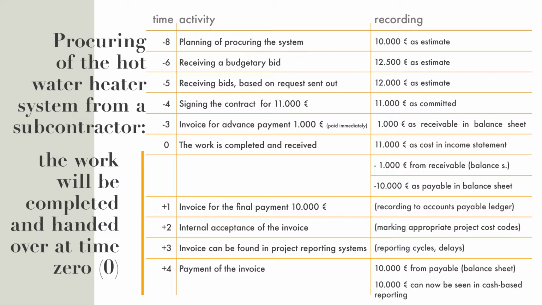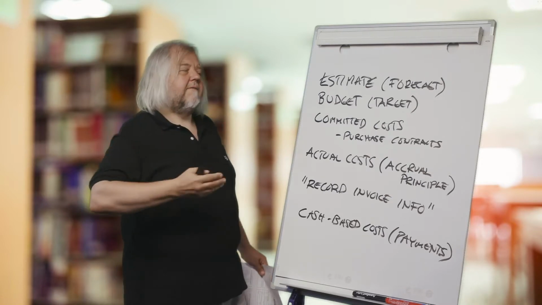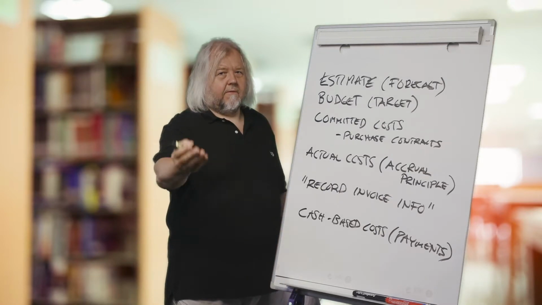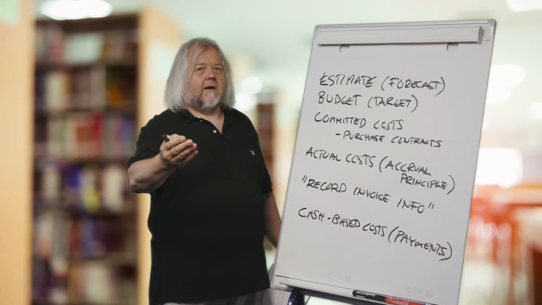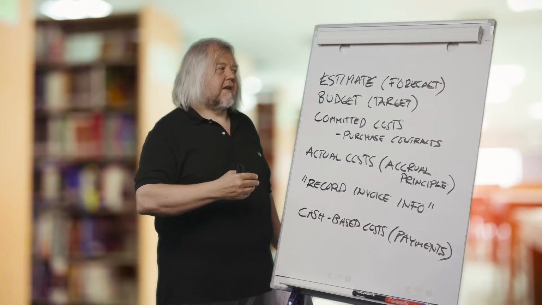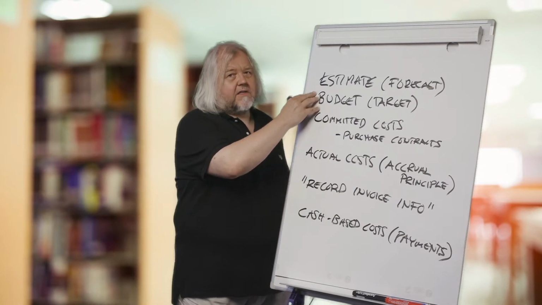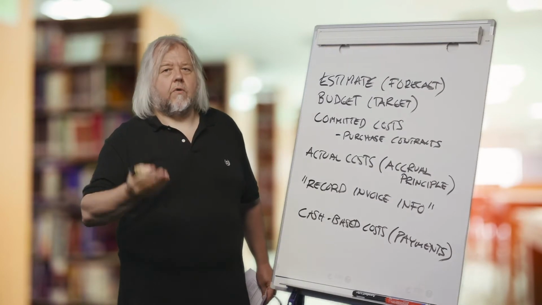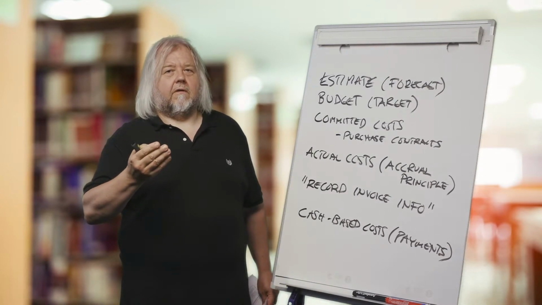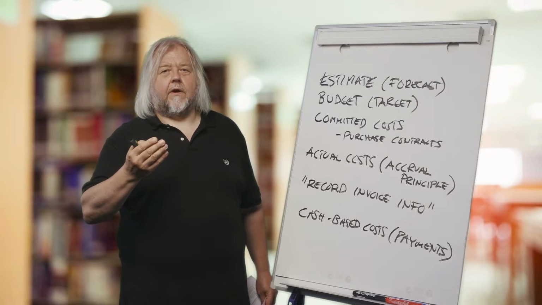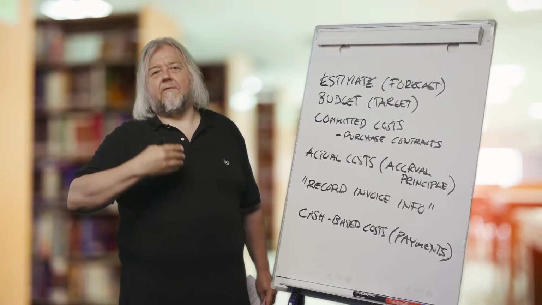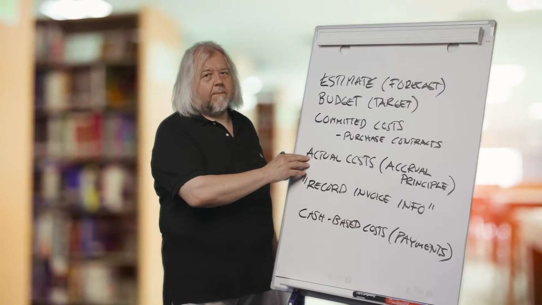So this example is just to show that when we are looking towards the future in the very beginning of the project, and we are recording estimates, we can know the costs rather fairly well and rather long time before the actual cost takes place.